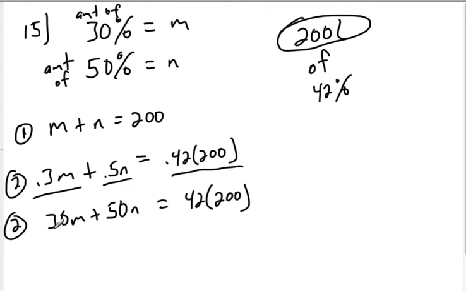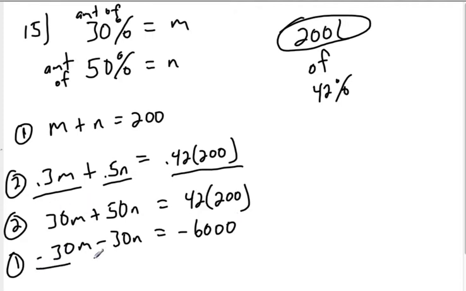Okay, now with equation 1, I guess I could multiply everything by negative 30, and that would allow me to have opposite coefficients here. So I can have negative 30M minus 30N equals negative something big. So let's see, 200 times 30 would be 6000, I think. Yeah.